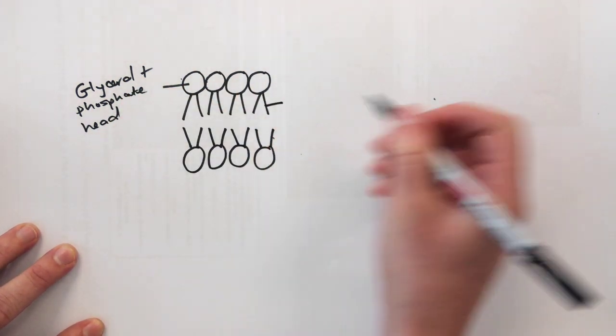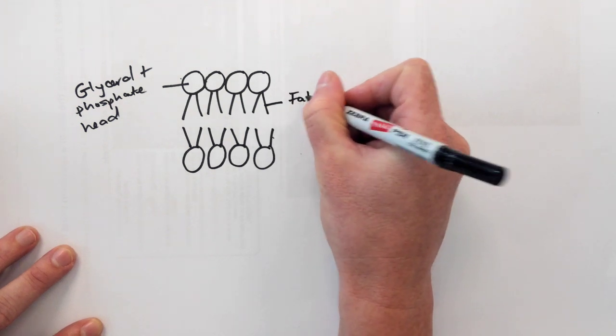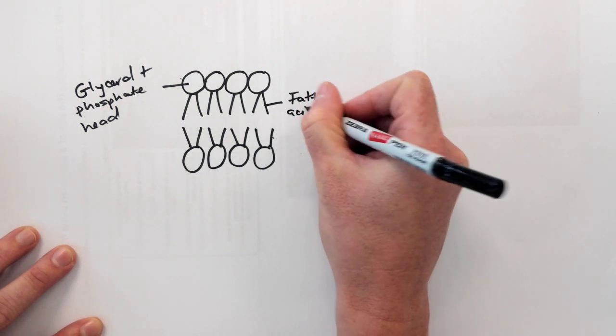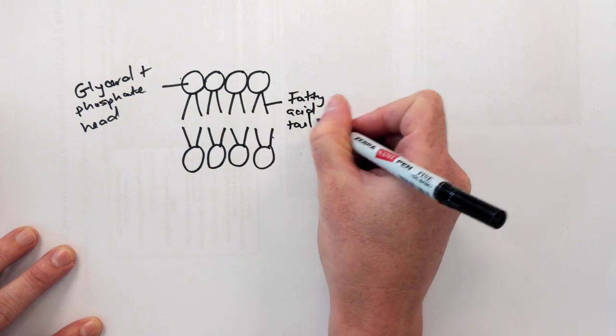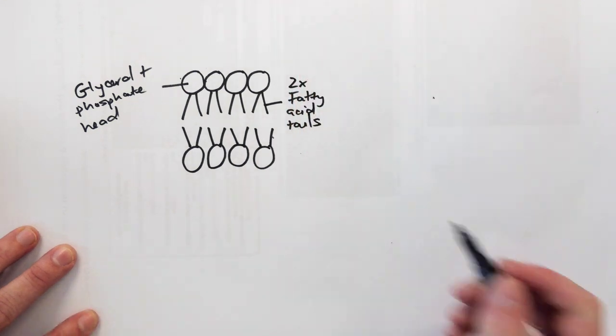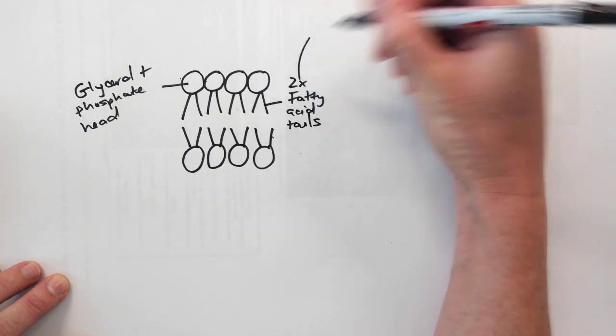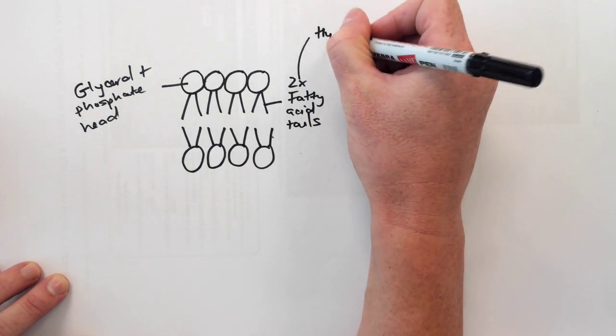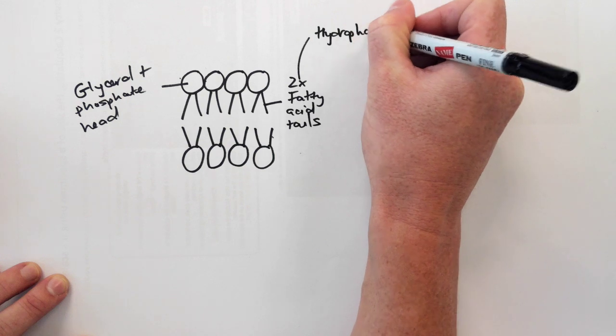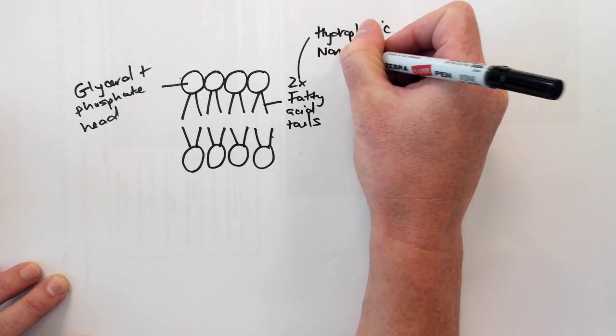We have fatty acid tails. And there are 2 fatty acid tails that we could label there. We can also label this as being hydrophobic, non-polar.